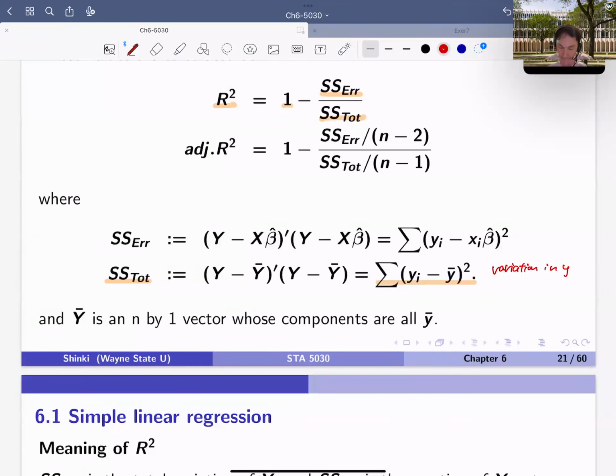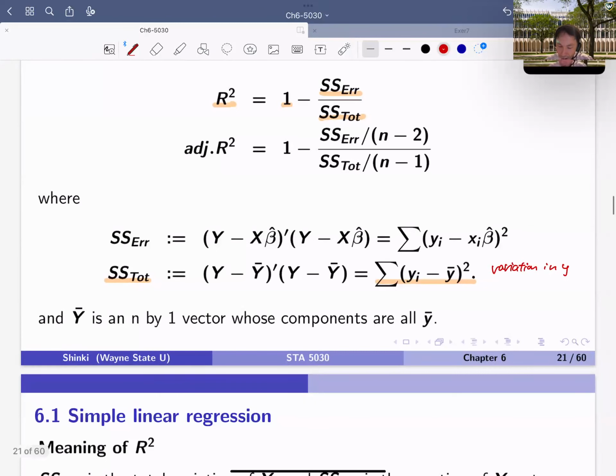And the SS error is the variation of error, so the variation of the epsilon i's. Y bar is basically the mean of y. If we are allowed to use only the intercept in the linear model, SS total explains the size of errors.